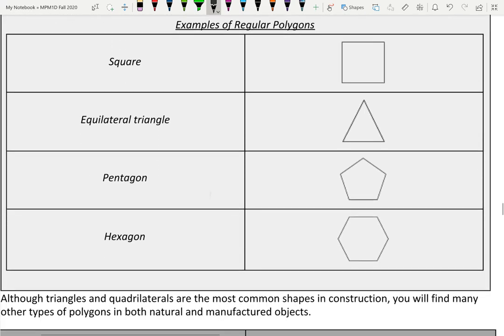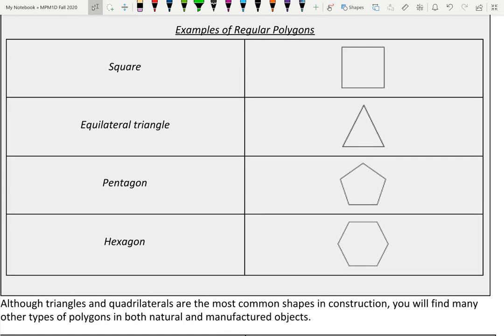Here are some examples of regular polygons. The first one is a square. I'm indicating by these ticks that all the sides are equal and all the interior angles are 90 degrees. Next, we have an equilateral triangle. Again, all sides are equal, all angles equal. Pentagon, a 5-sided shape.